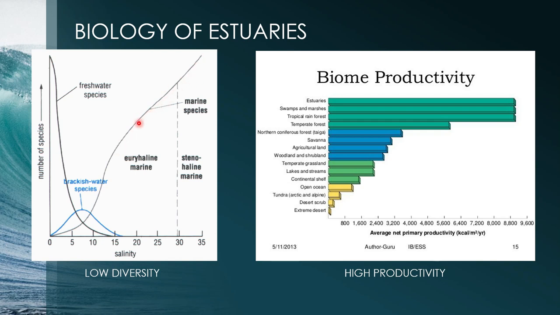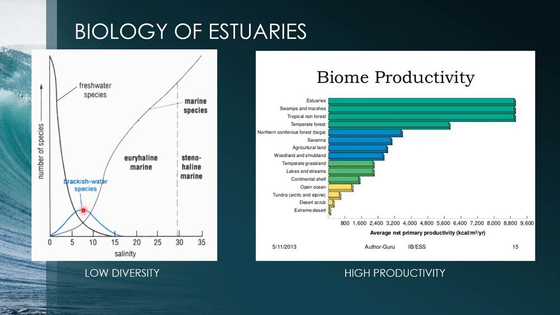These marine species tend to drop off pretty quickly as well when we get to thresholds of around 15 or 20 parts per thousand. And then you have these species here, this small number. See how small this number is? There are a lot of freshwater species, there are a lot of marine species, but over here, it's really a small number of species that are designed to live in brackish water.